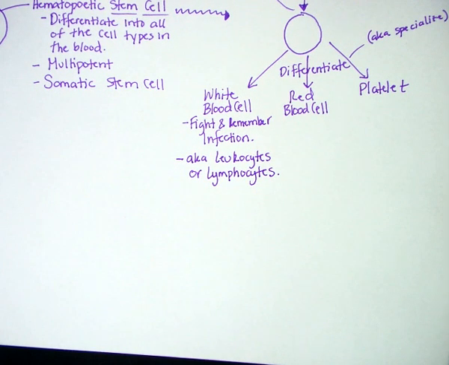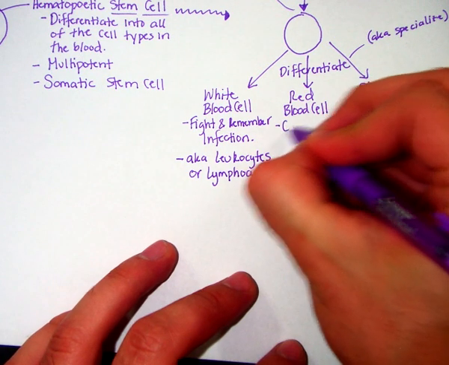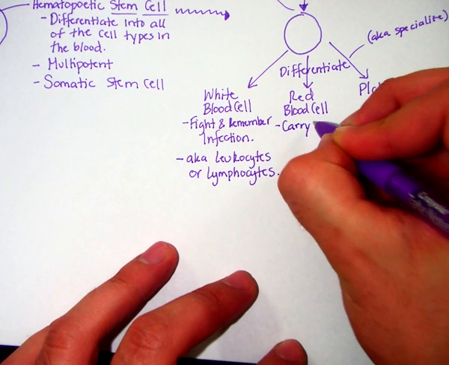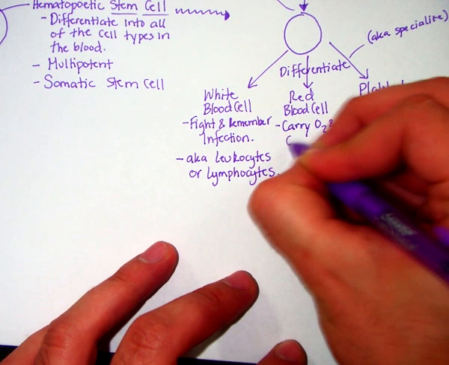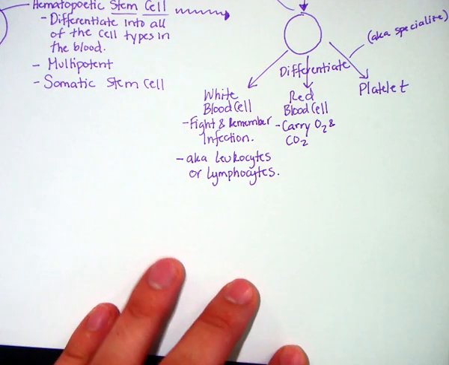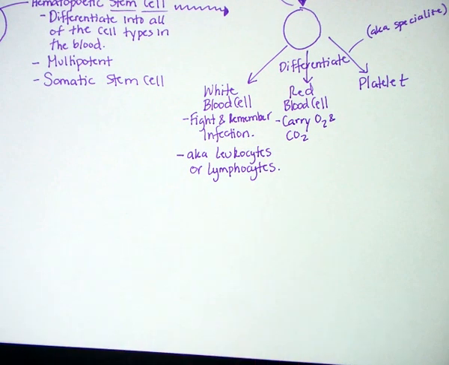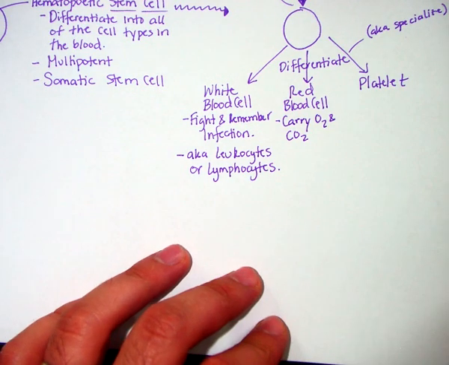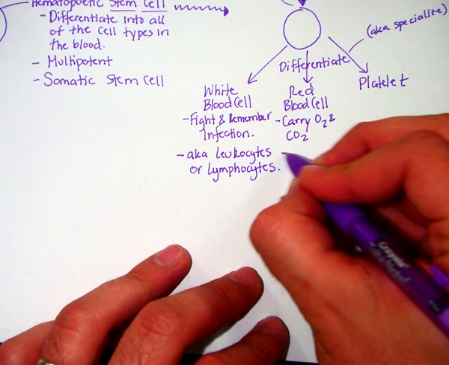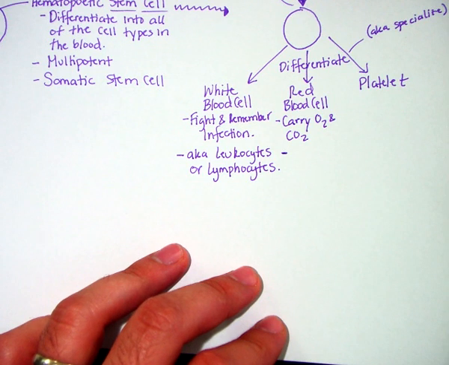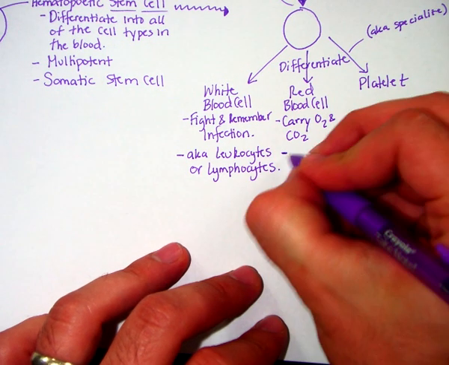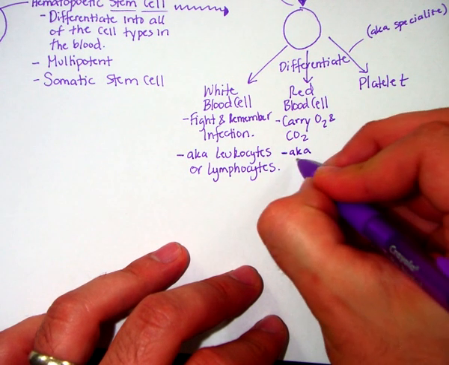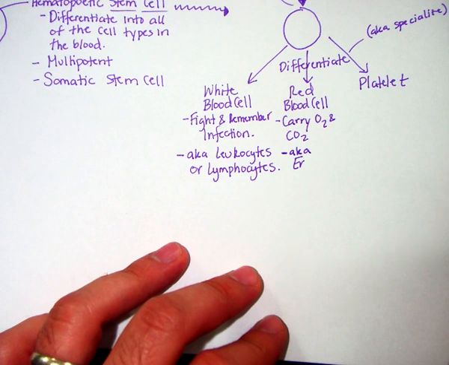Red blood cells, their major function is to carry oxygen and carbon dioxide throughout the body, to either be spread to other cells or released as waste. Their fancy name, they're known as erythrocytes.